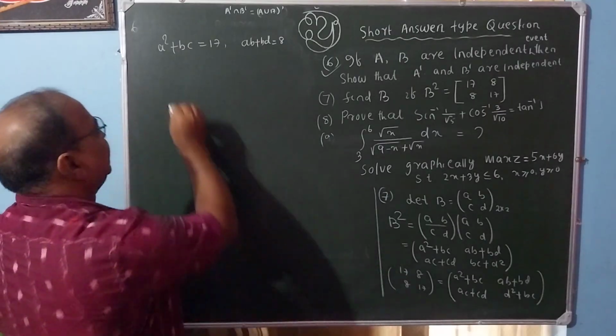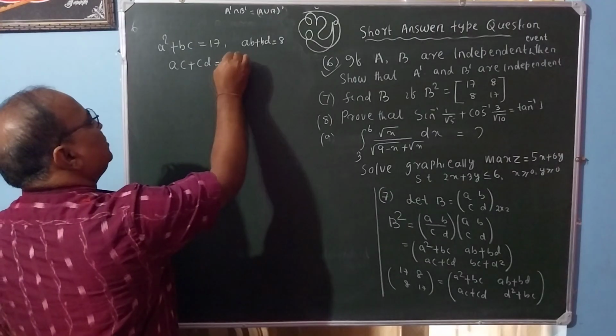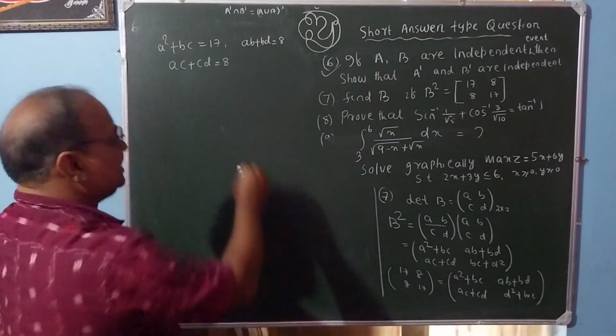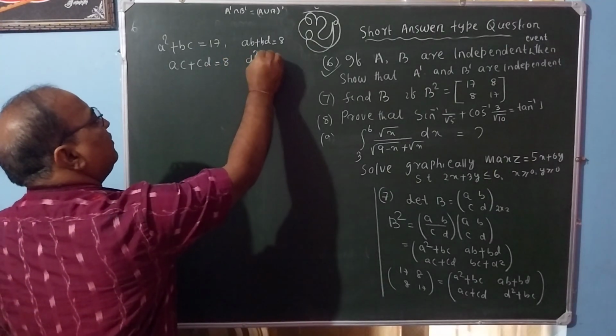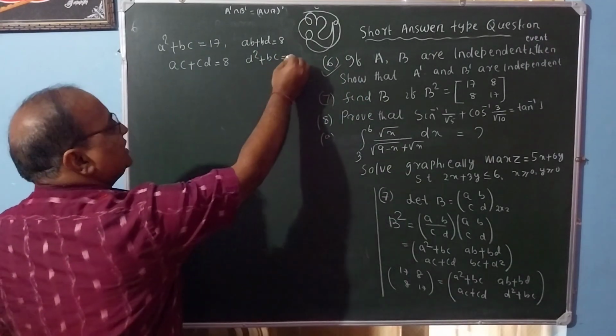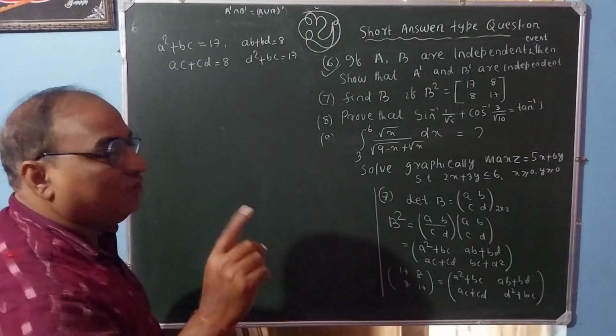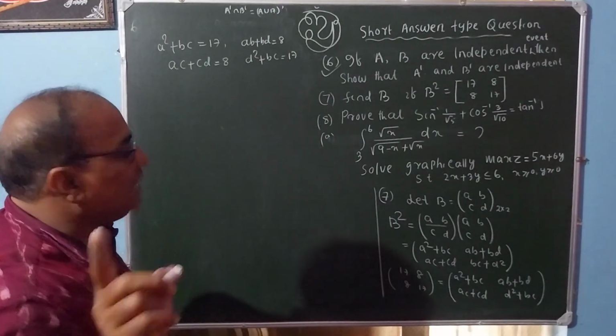Then AC plus CD is also 8. Then D square plus BC is equal to 70. Our aim is to find out the values of A, B, C and D.